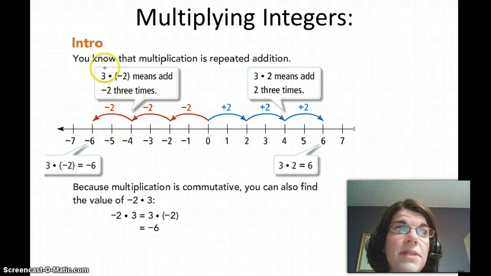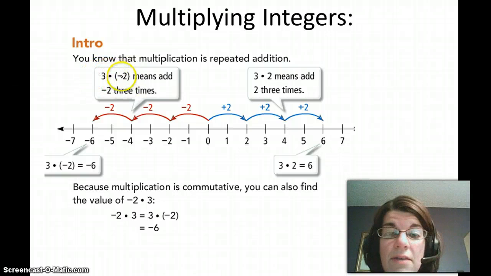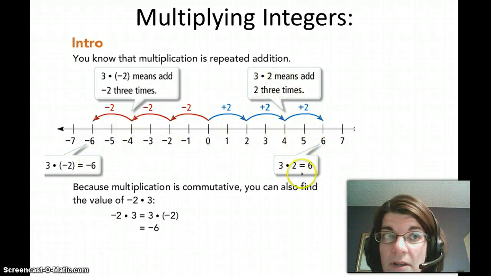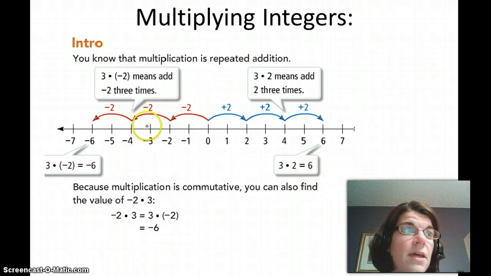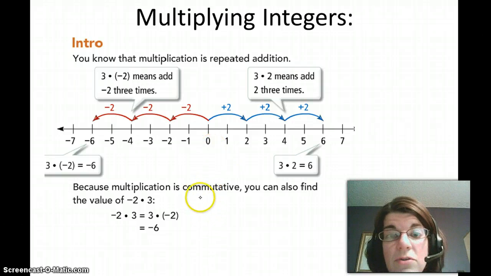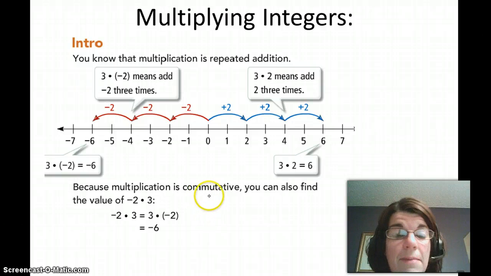So again, I'm seeing a pattern. A positive times a negative is giving us a negative, which we saw, and a positive times a positive is giving us a positive. So we're consistent, we're seeing the same things. Now, because multiplication is commutative, remember the commutative property says you can switch the order of the numbers and get the same answer.